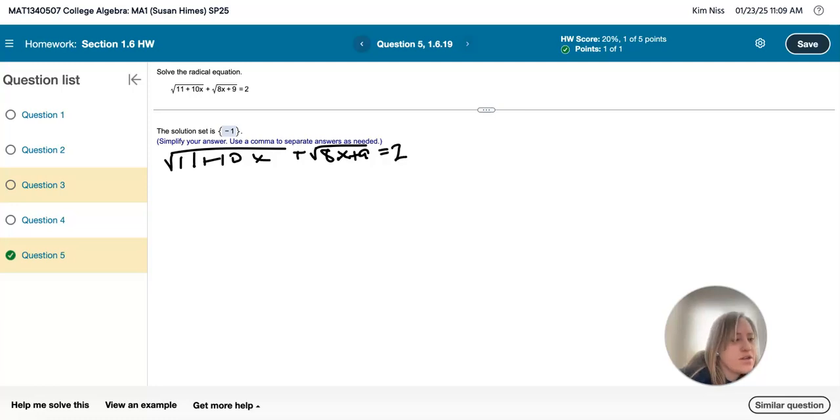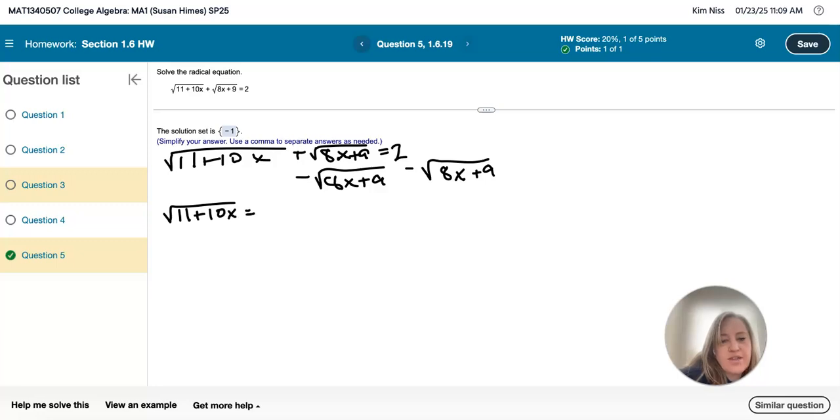So the first thing that we're going to do is subtract this square root of 8x plus 9 over to the right hand side to isolate the other radical. So we're going to subtract that over. Okay, so then on the left-hand side, you're left with the square root of 11 plus 10x. And then on the right-hand side, you have 2 minus the square root of 8x plus 9.